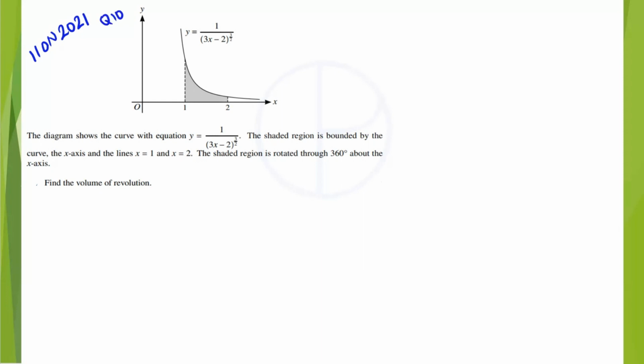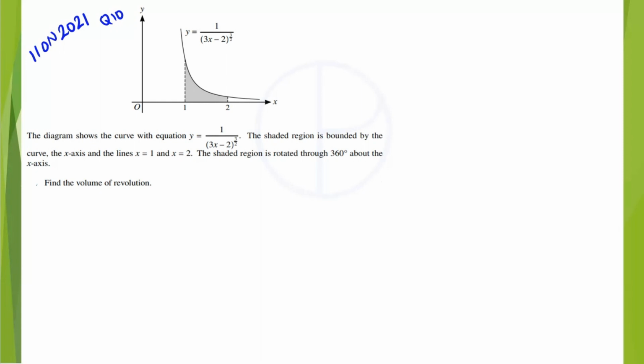The diagram shows the curve with equation y is equal to 1 over (3x minus 2) the whole power 3 over 2. The shaded region is bounded by the curve, the x-axis and the lines x equal to 1 and x equal to 2. The shaded region is rotated through 360 degrees around the x-axis. Find the volume of revolution.